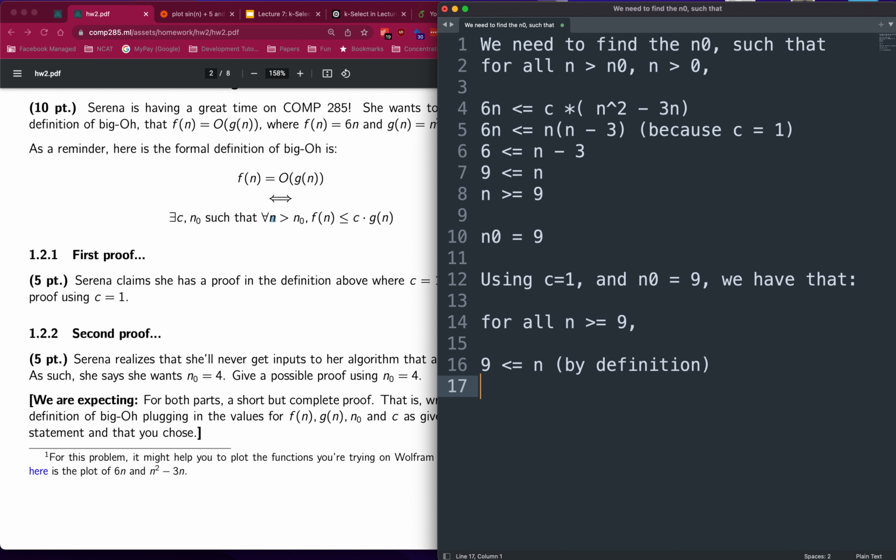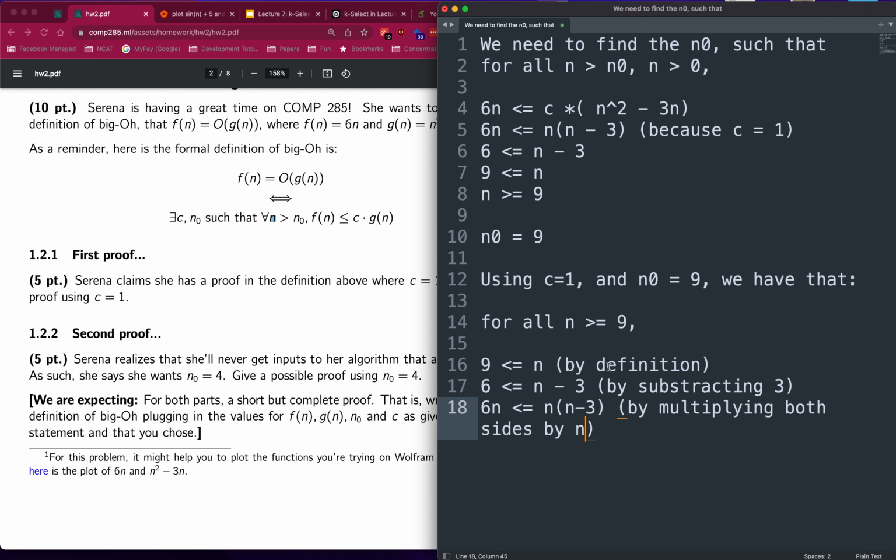Now, we subtract 3 from both sides, so we get 6 is less than or equal to n minus 3 by subtracting 3. Then we get 6n is less than or equal to n times n minus 3 by multiplying both sides by n.